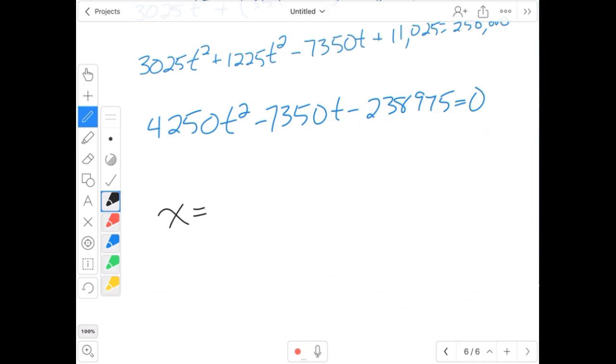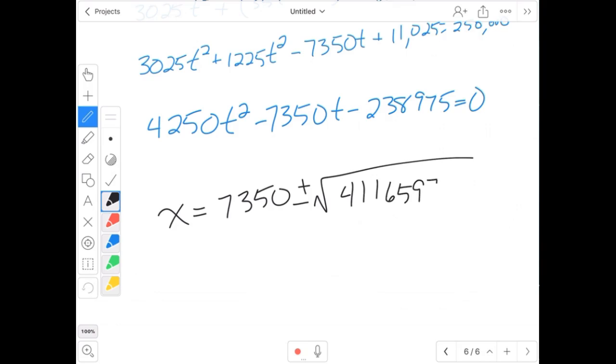So x equals negative b, so that's going to be 7,350 plus or minus the square root of that squared, minus 4 times 4,250 times negative 238,975, all over 2a. So 4,250 times 2.